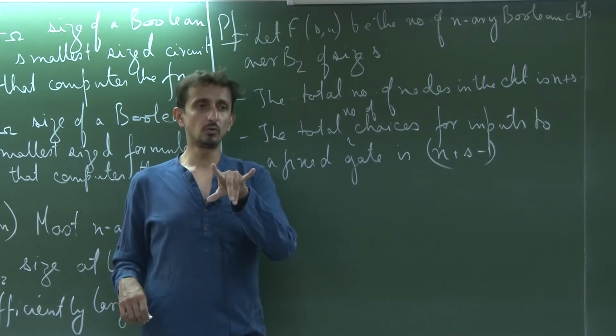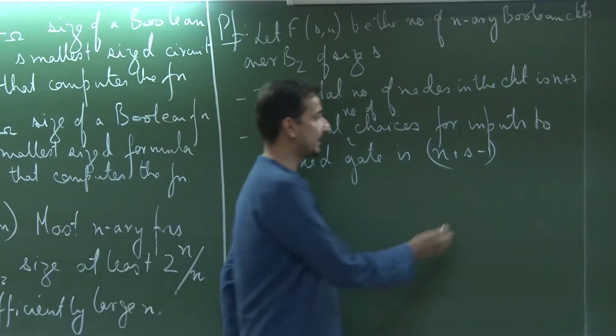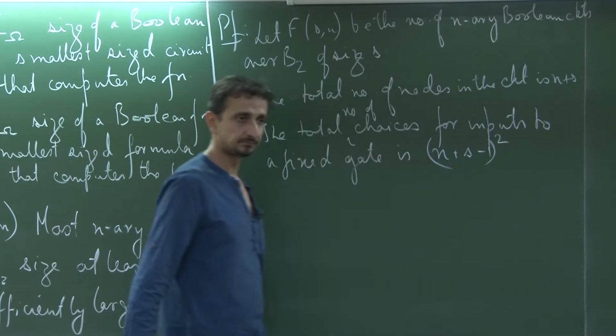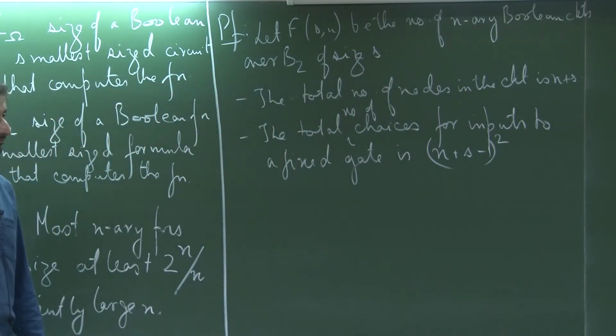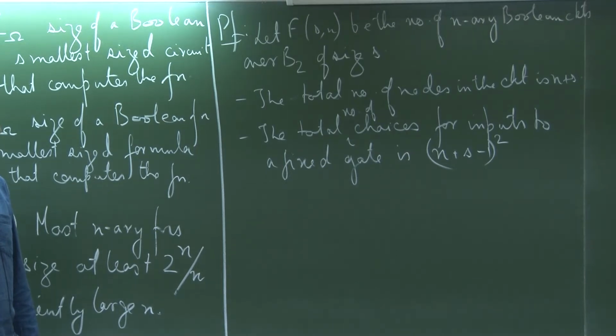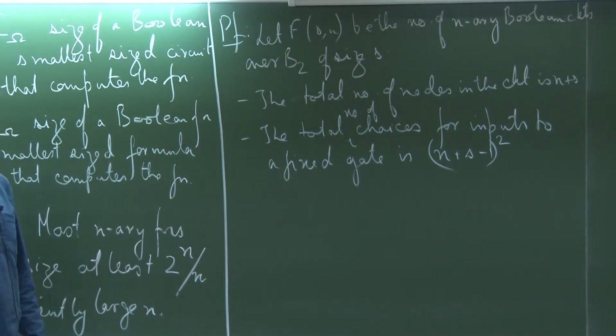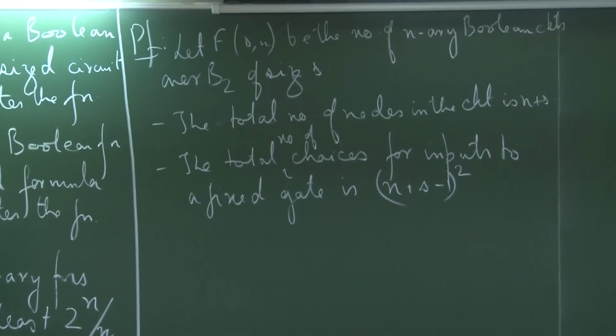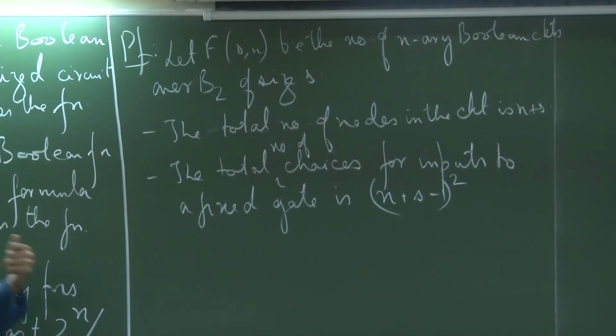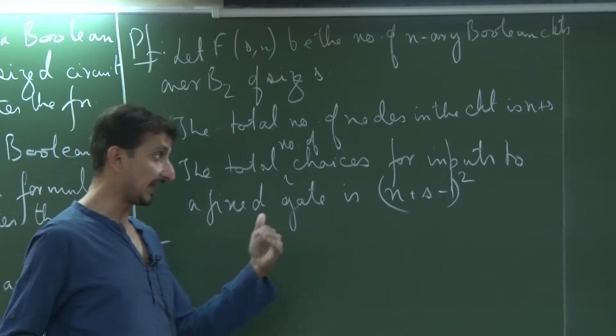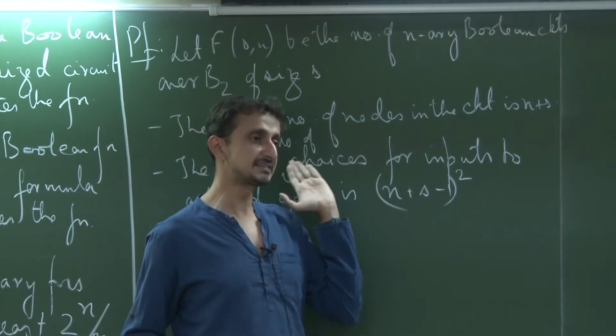And there are two inputs to a particular gate, so this will be n plus s minus 1 whole square. Now, this gate can be any element of B2. I am only looking at the inputs right now. B2 has 16 elements.